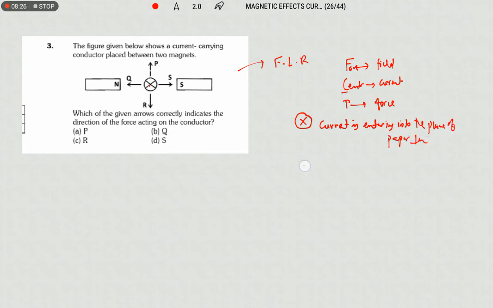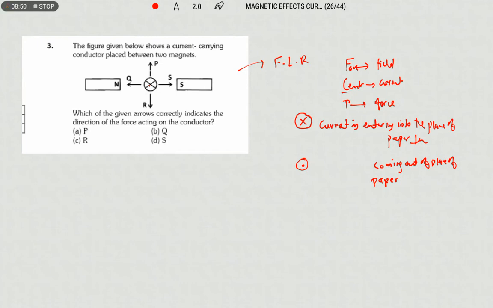And one more representation is there: a dot, so current is coming out of the plane of paper perpendicularly. So this is the significance of the cross and dot symbol for the current carrying conductor.